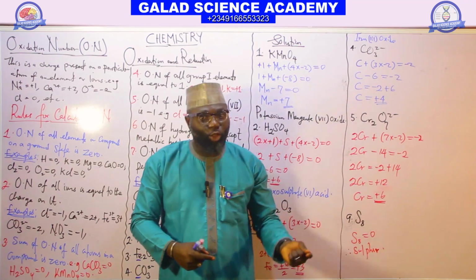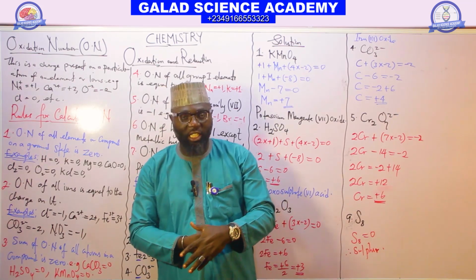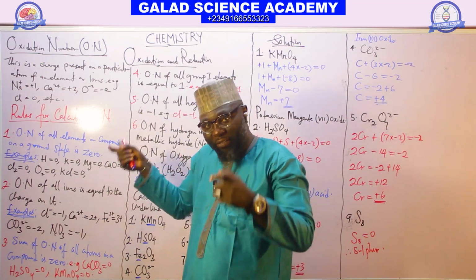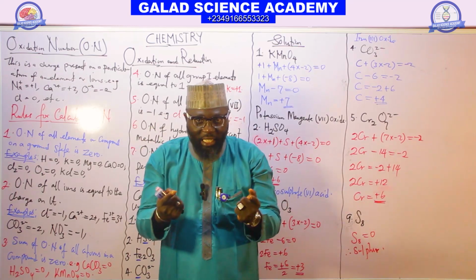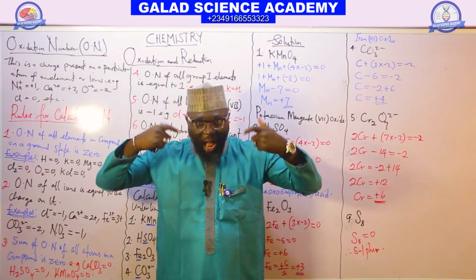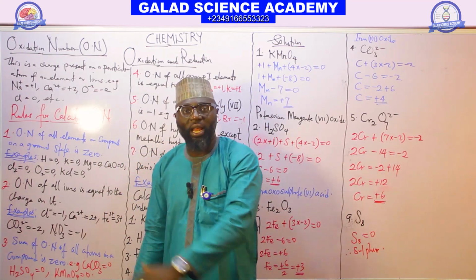The substances that make reduction occur are called reducing agents. That is our next subtopic. After that, we will treat redox reaction, how to identify redox reactions, and how to balance them.